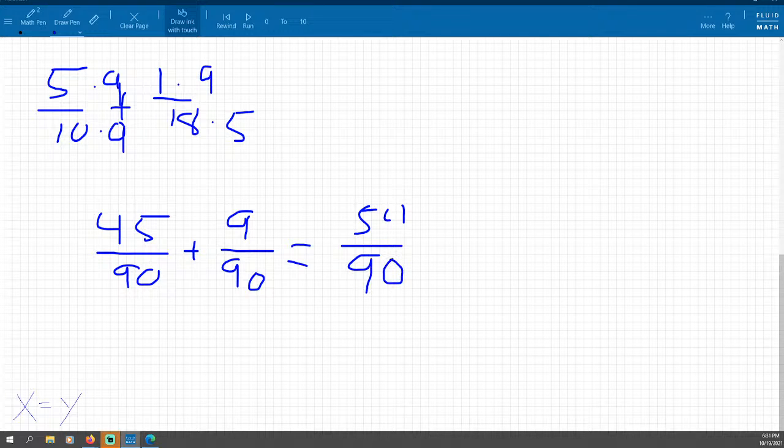And this can reduce. Let's see, 54, that'd be 27. So these can both be divided by 2. That's going to be 27 over 45. Guess what? That can reduce more too. Actually, this can reduce by 9 also. So 3/5 is your answer on this one.